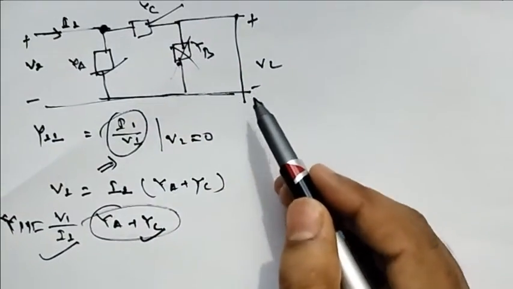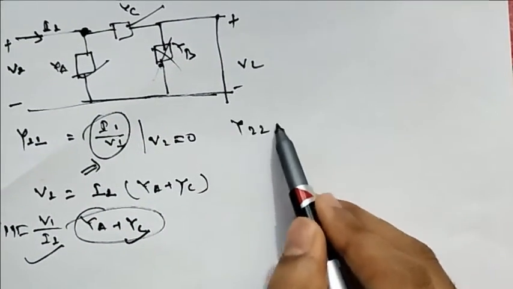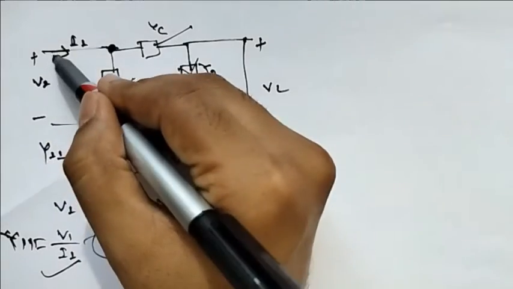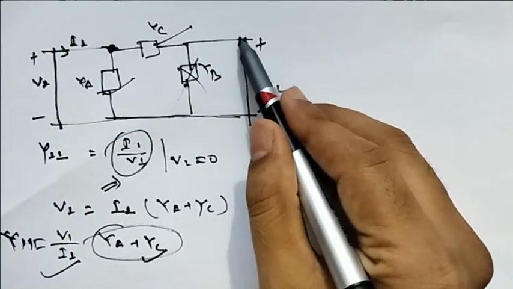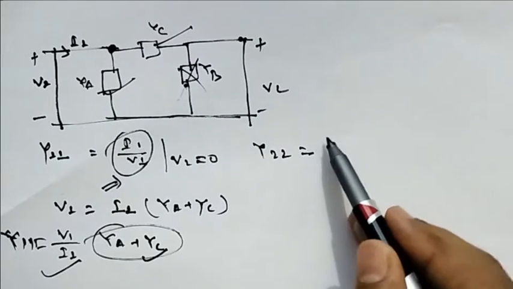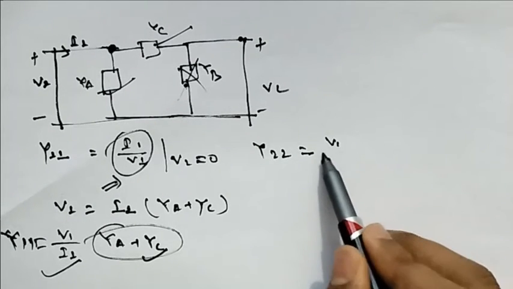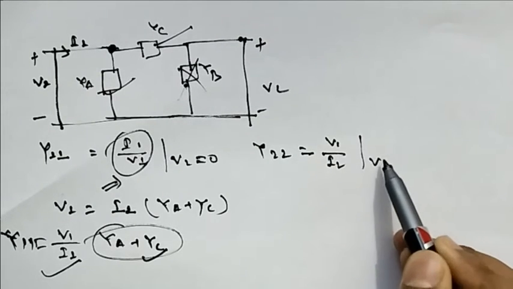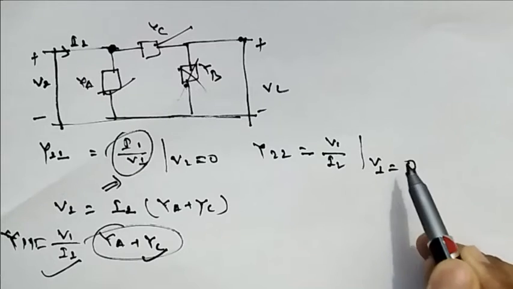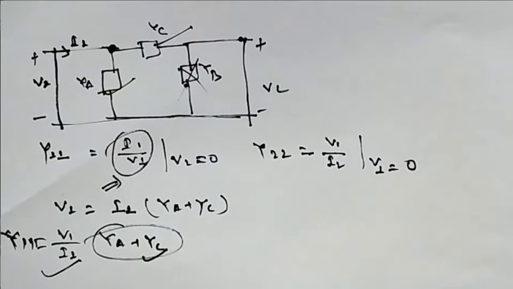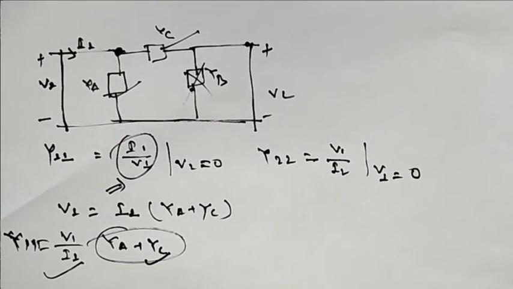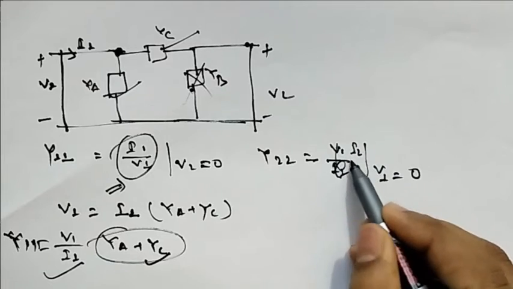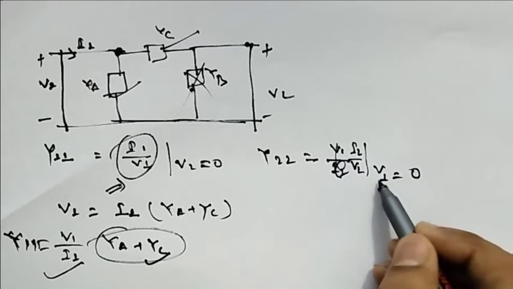Now similarly, if you want to calculate y22, we short this terminal, and y22 is equal to I2 by V2 keeping V1 equal to 0.